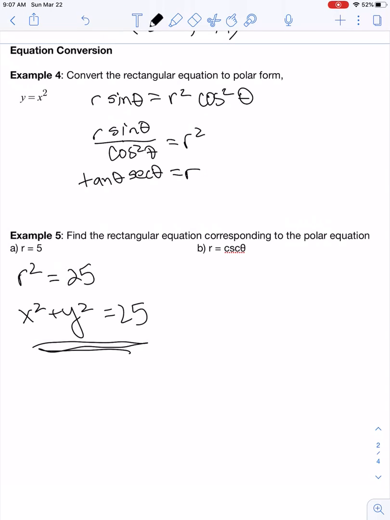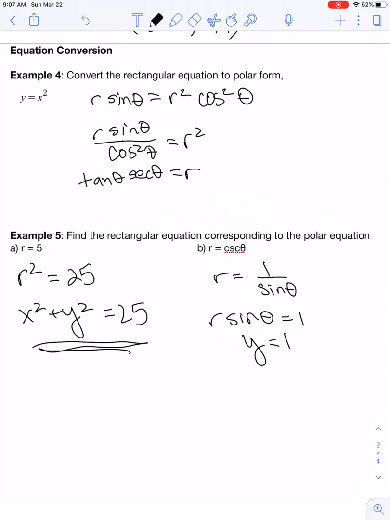And then r equals cosecant of theta. So that's r equals 1 over sine of theta, or r sine of theta equals 1. And r sine of theta is y.